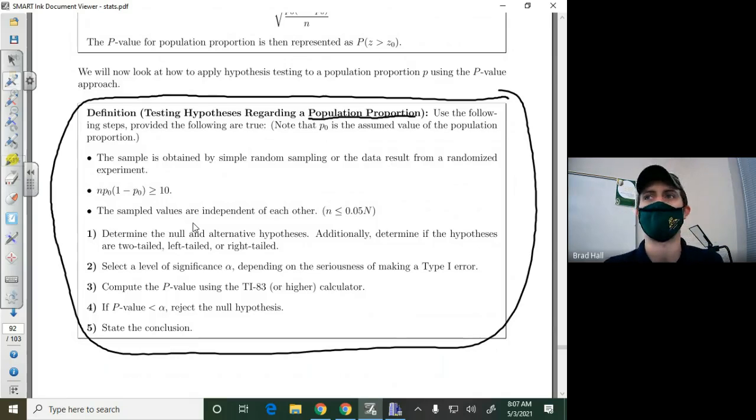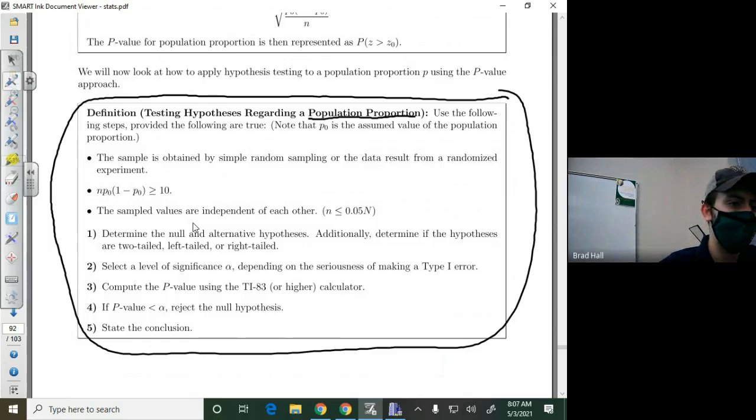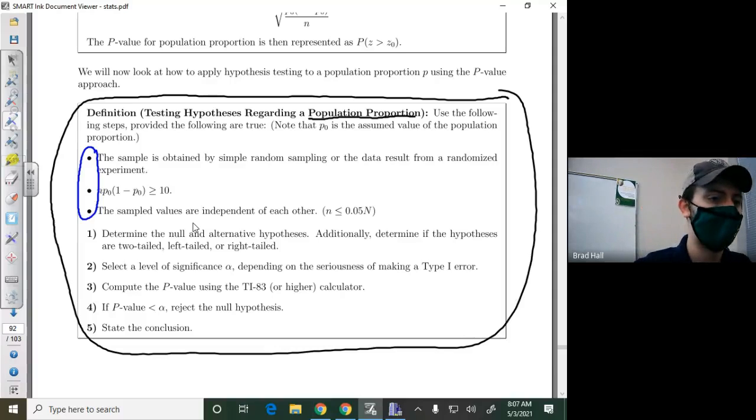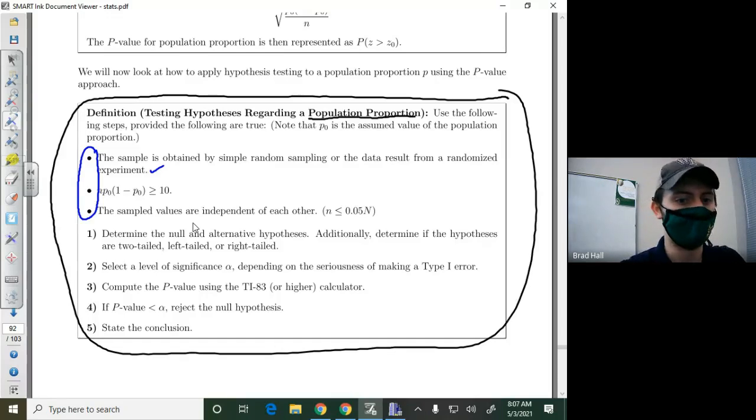All of this stays the same for the new section, so I didn't bother rewriting it, except for one detail. There are these 3 requirements that you had to check off. Now, the top one is still true. The third one is still true. But this one changes because we don't have a P0 anymore.